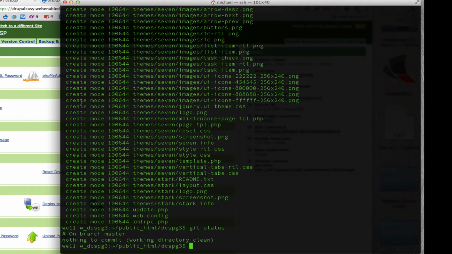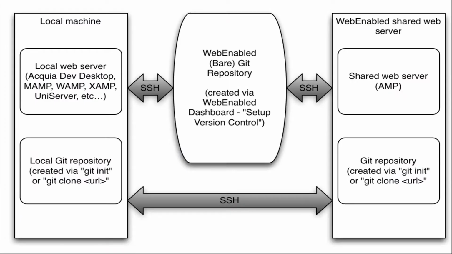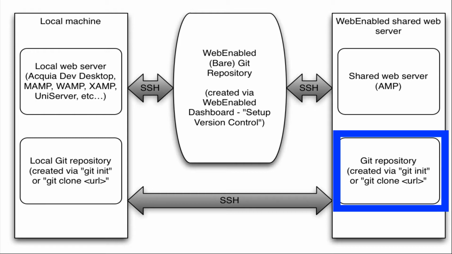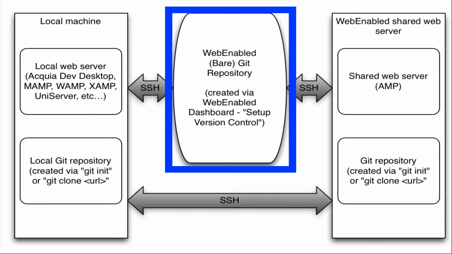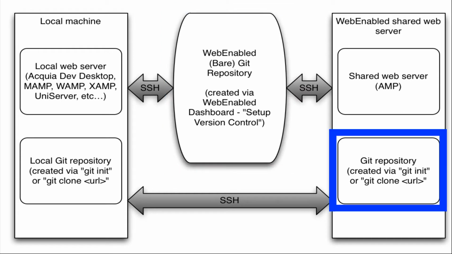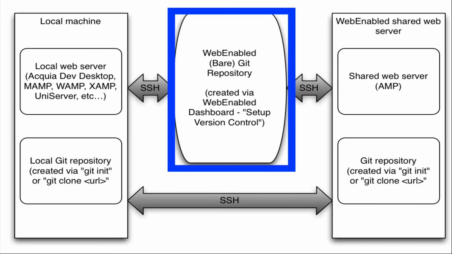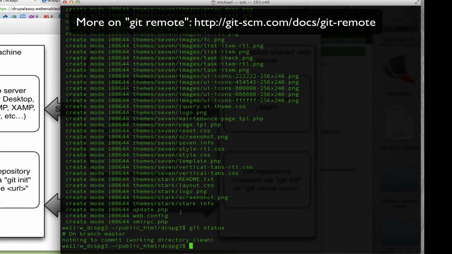So the next thing we have to do is make the link between our shared web server's repository and our bare repository. We need to tell our shared web server's repository about this one. And we can do that via the git remote command.